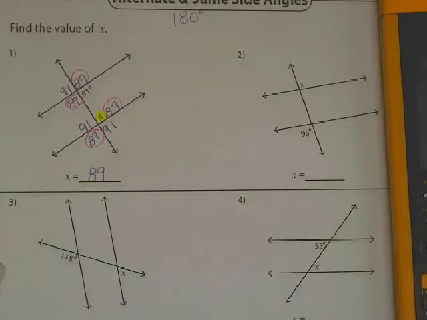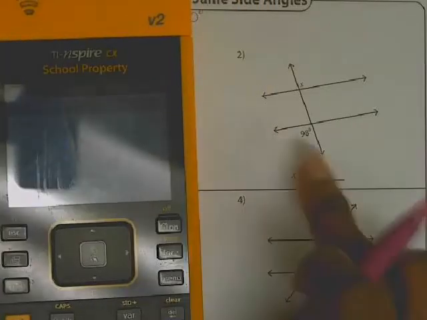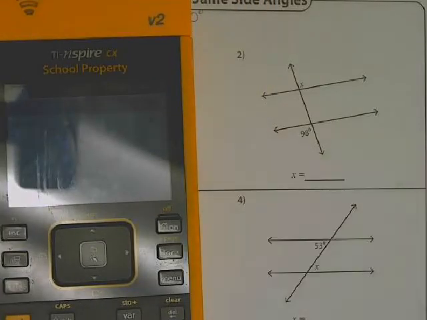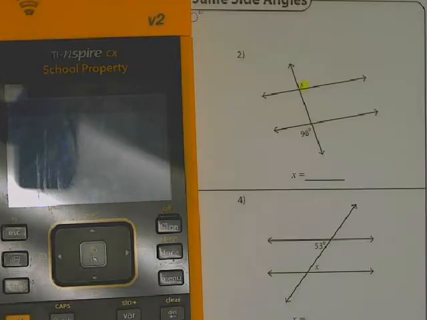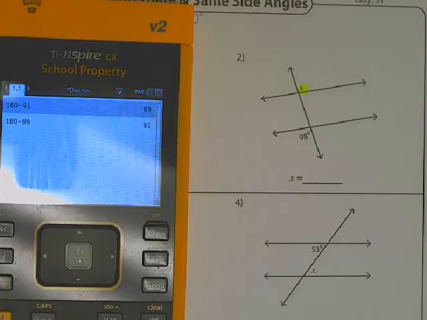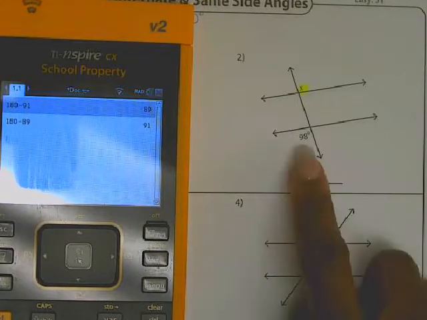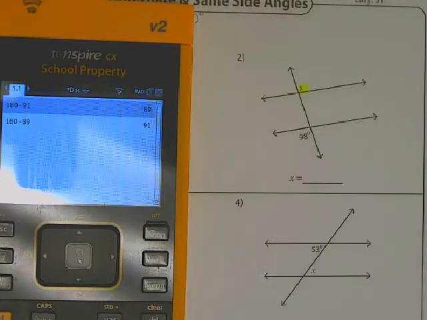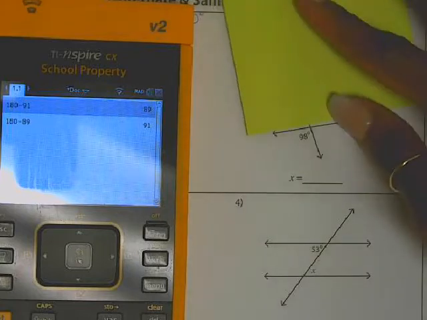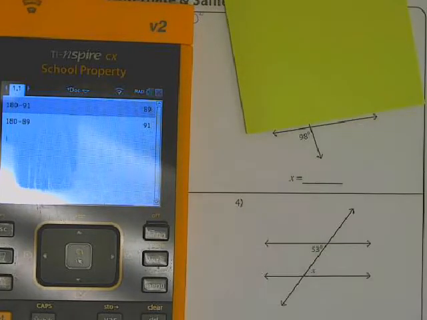Okay? All right, so let's go over here to number 2. Remember I want to find out where my x is. I don't have any numbers up there, but what I know is my focus is 180. So if 98 is right here, that means the difference from my 180, because you see that line, I know that's 180 degrees.